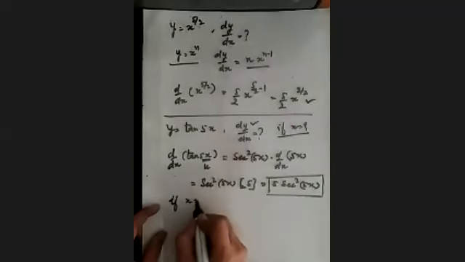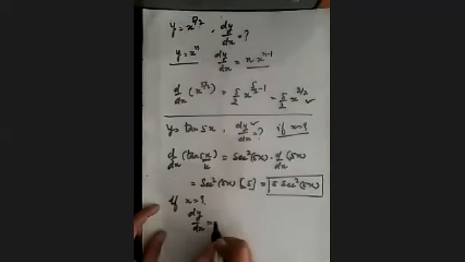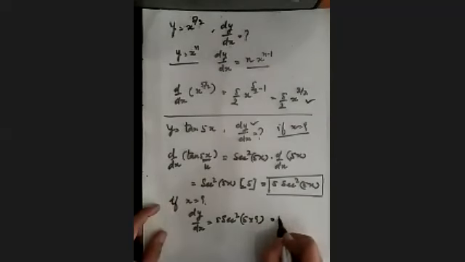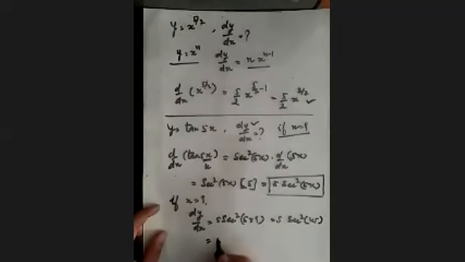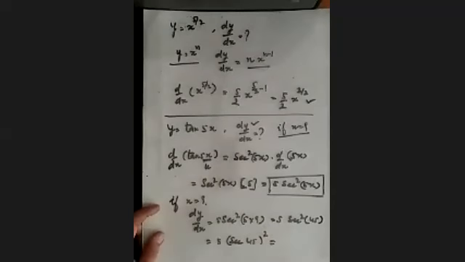So if x equal to 9, dy by dx will be equal to 5 secant square of 5 into 9, that is angle 45. So 5 secant 45 and its square. So that is how you're going to solve.